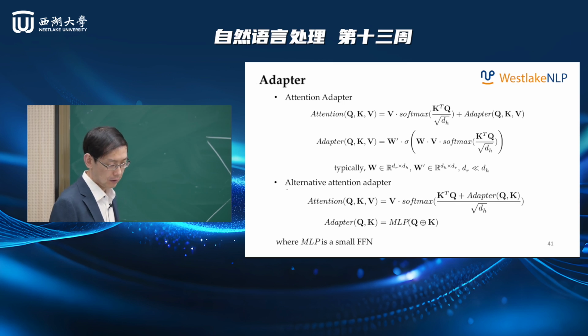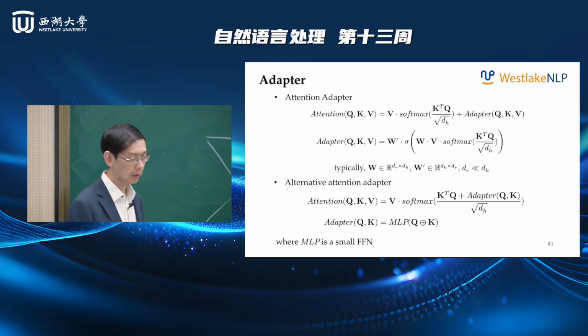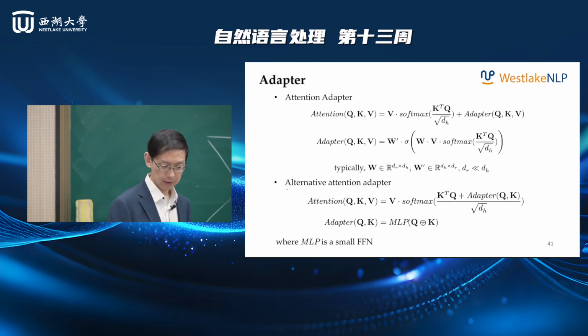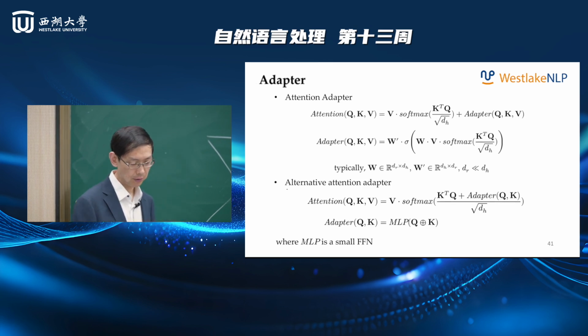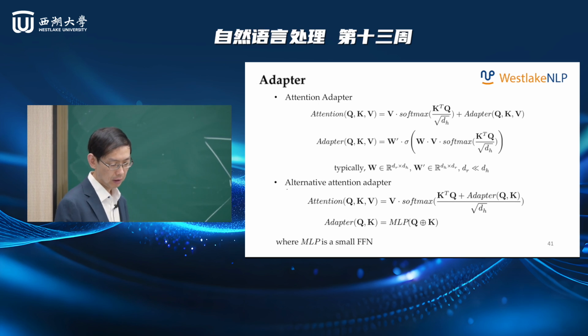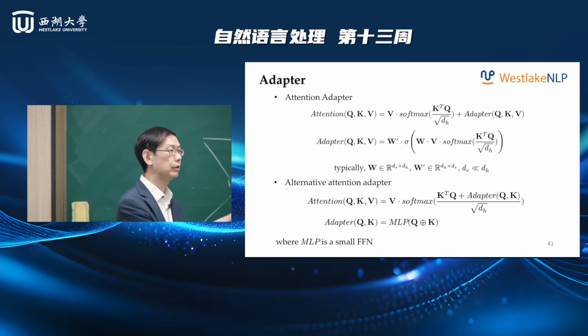One way is to leave the original attention function unchanged, so the attention is still softmax of K transpose Q. But you add another adapter function, and you add the two results together.